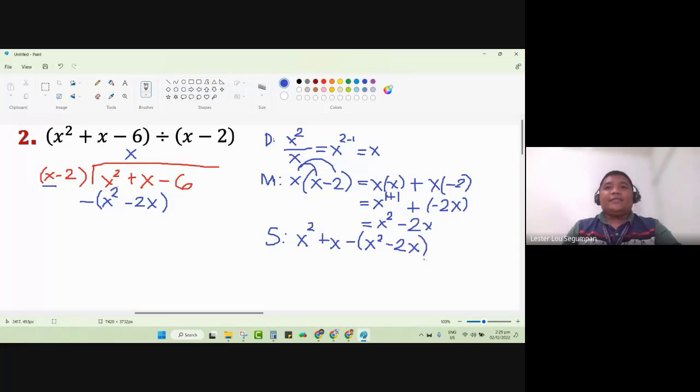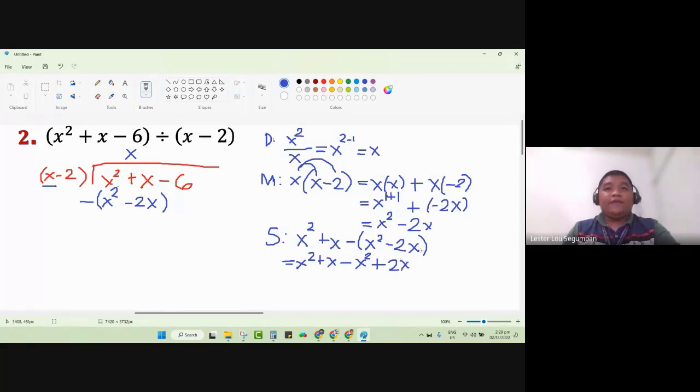That is the process. Now, don't forget that if we have this grouping symbol, once we remove it, the signs here will be changed. This is equal to x squared plus x. The positive x squared becomes negative x squared, and the negative will become plus 2x.